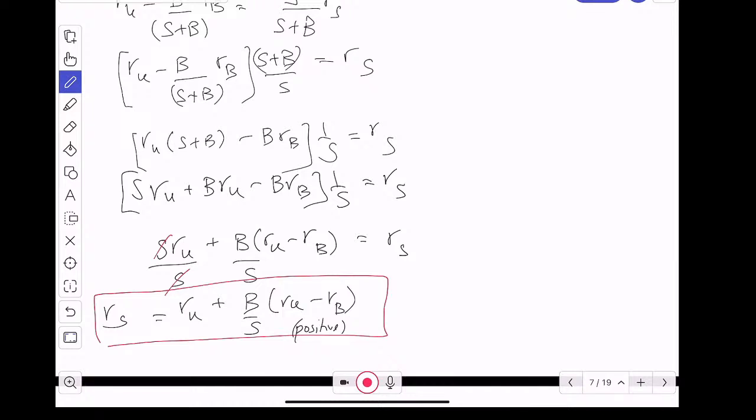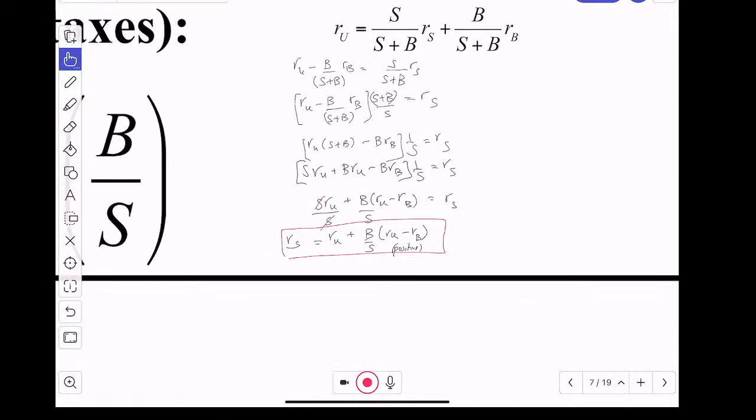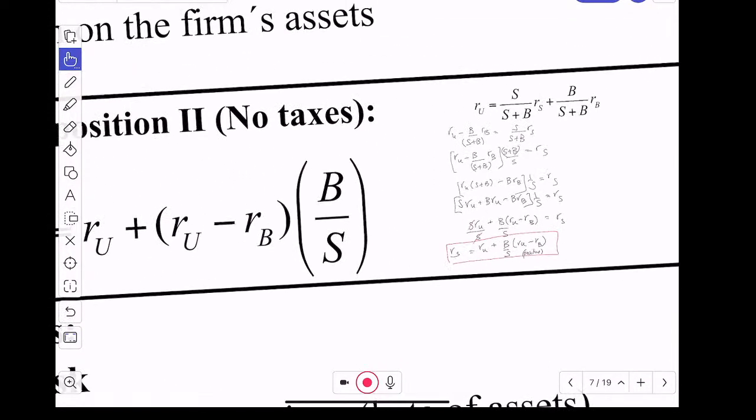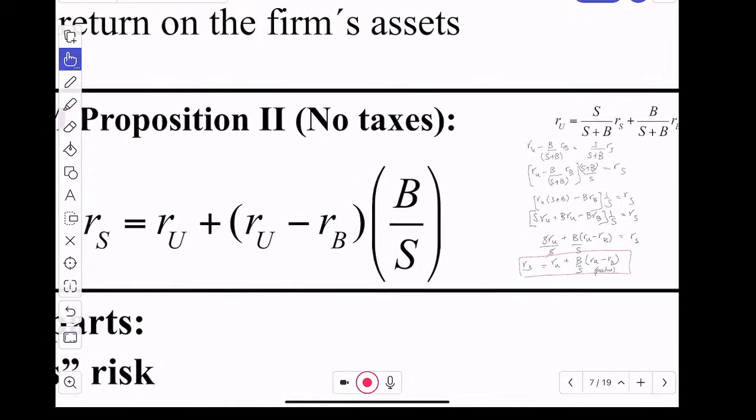That will be positive because debt is issued at a lower rate than equity, right? It has a greater commitment from the firm. It has a commitment from the firm that the shareholders don't have. Okay? So that is where this formula comes from.